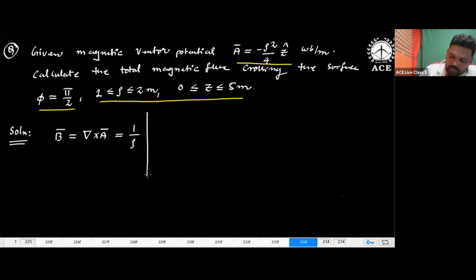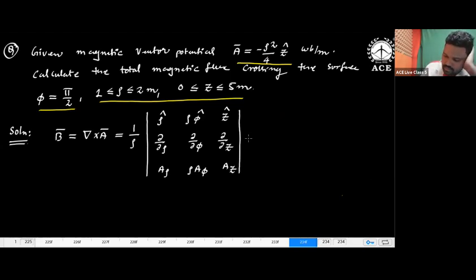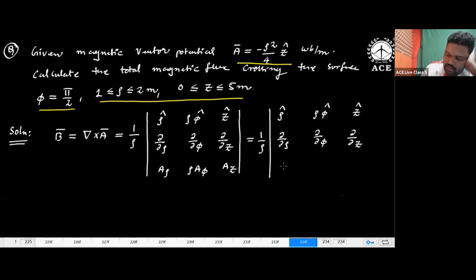What is the del cross A in the cylindrical coordinate system? 1 by rho into the determinant with rho cap, rho phi cap, z cap; dou by dou rho, dou by dou phi, dou by dou z; A rho, rho into A phi, A z. Which is equal to the same determinant. A rho is 0.